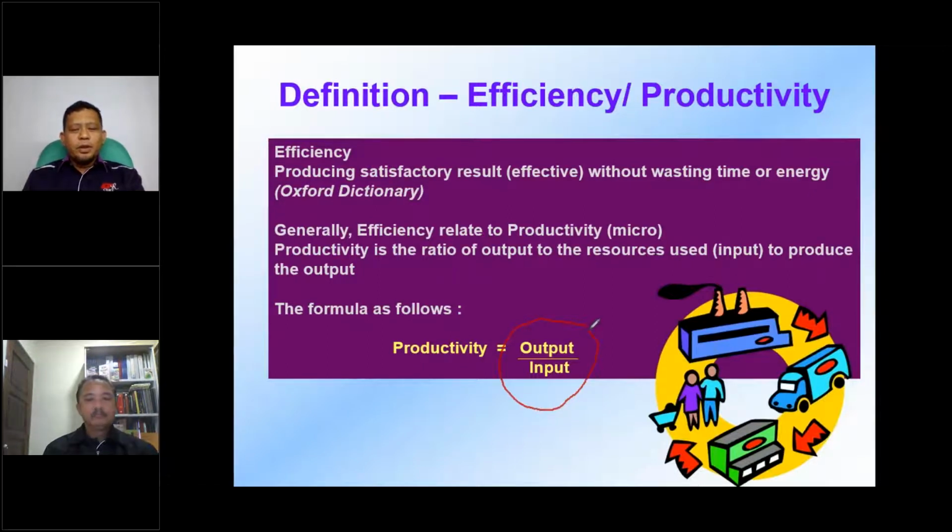So when we compare, the first common measurement done by the chemical plant is they measure efficiency, and their efficiency is 70%. That means 70% of their production, from the example I gave just now, is 7 ton of product.